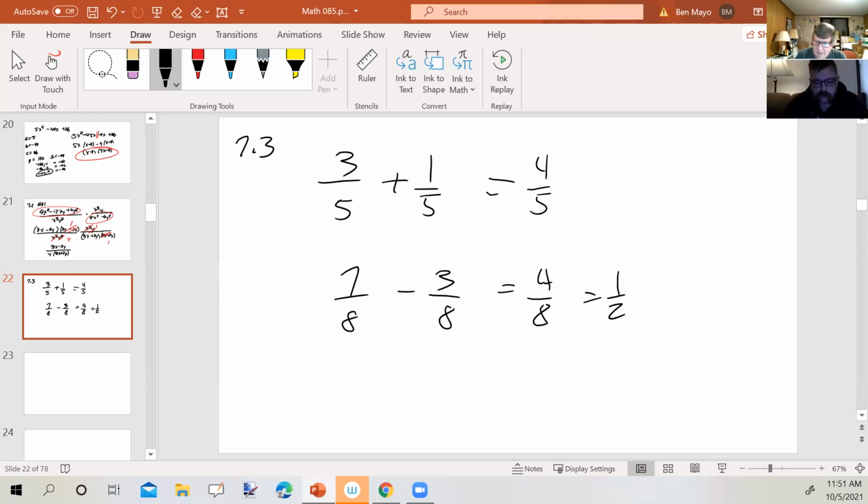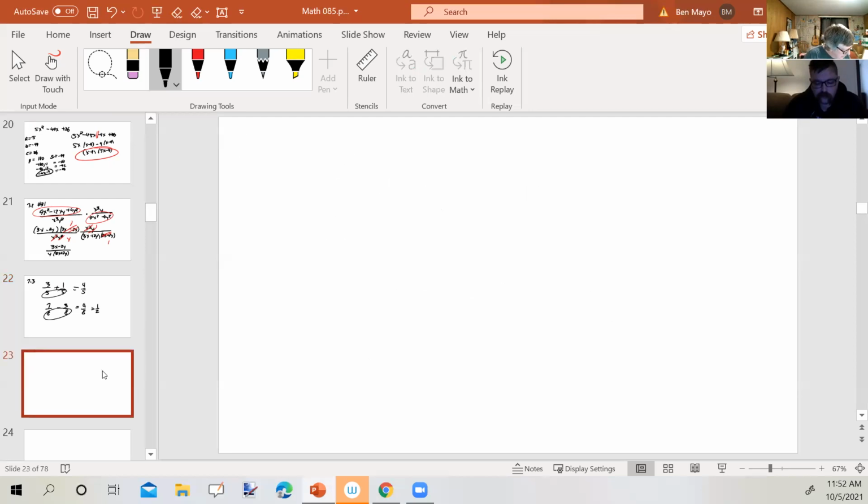So with that in mind, let's add or subtract some rational expressions, some algebraic fractions with the same denominator. So 4 divided by s plus 4 divided by s would be 8 over s.